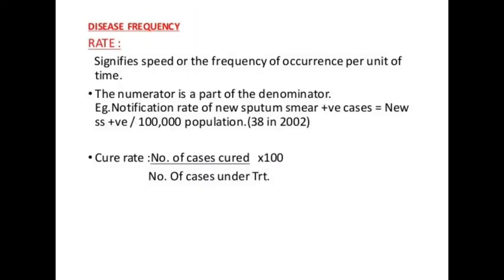Disease frequency. First one is the rate. It signifies speed or the frequency of occurrence per unit of time. The numerator is a part of the denominator.